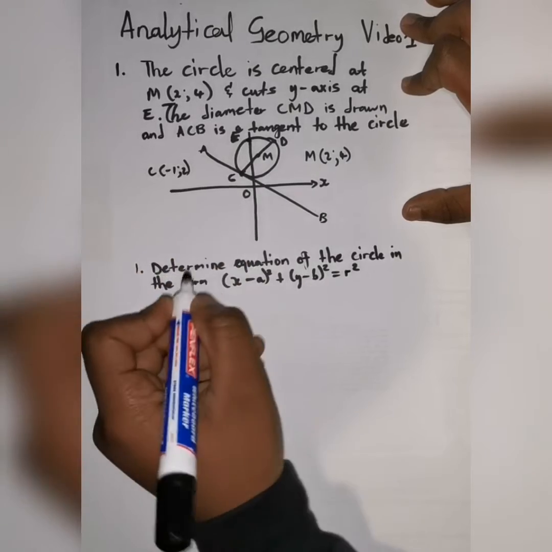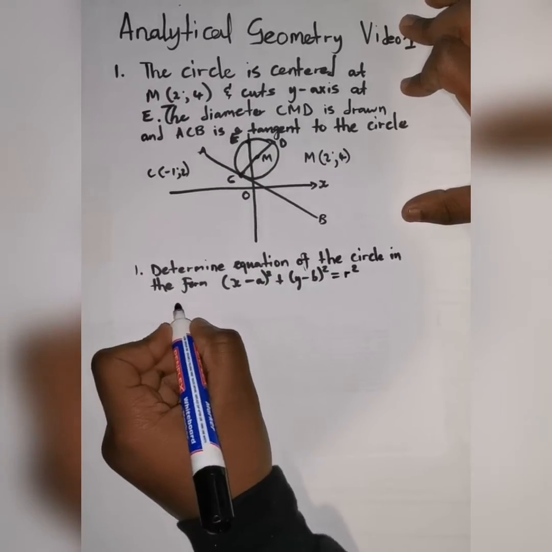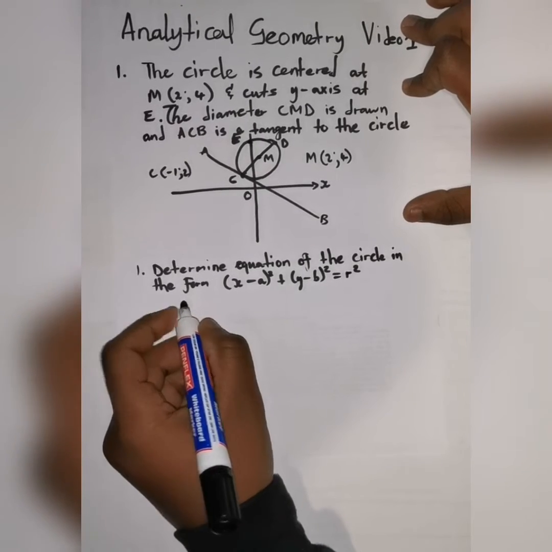So we're going to calculate our radius using the points C and M, and to calculate it we're going to use the distance formula.